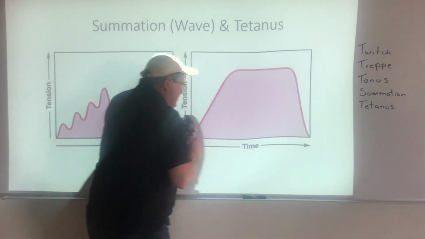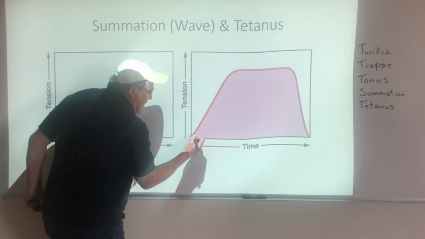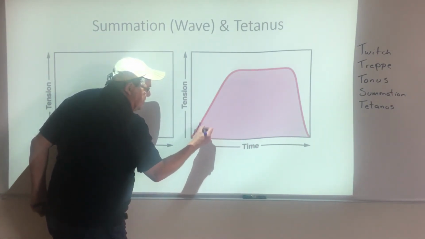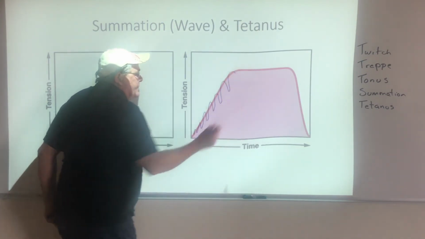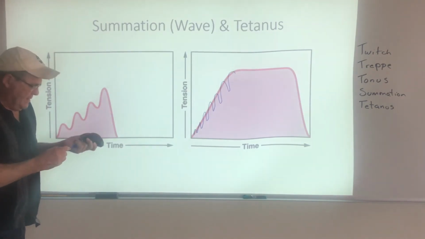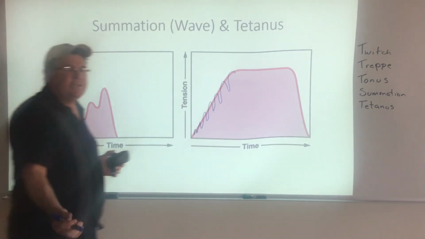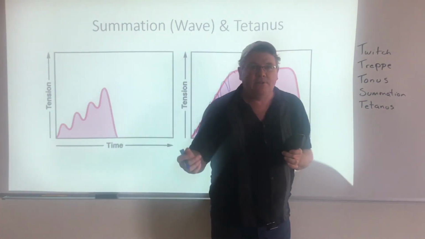So it would essentially look like this if we changed the x-axis. And that should look similar to this. So when we have a nice smooth move of a muscle like this, it's all about summation.